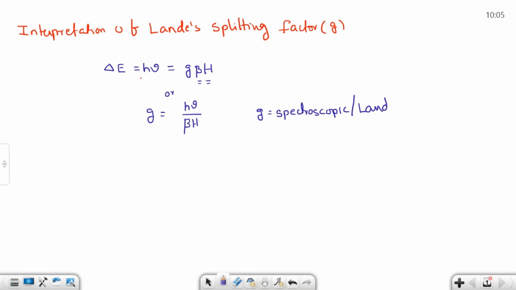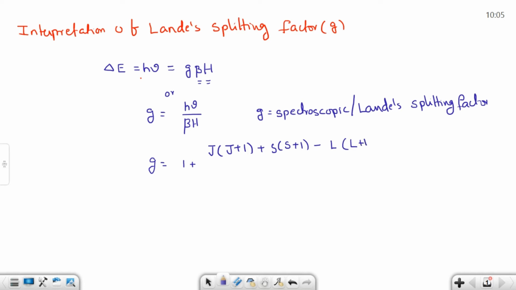To calculate the g value, there is an equation: g is equal to 1 plus J into J plus 1, plus S into S plus 1, minus L into L plus 1, over 2J into J plus 1.